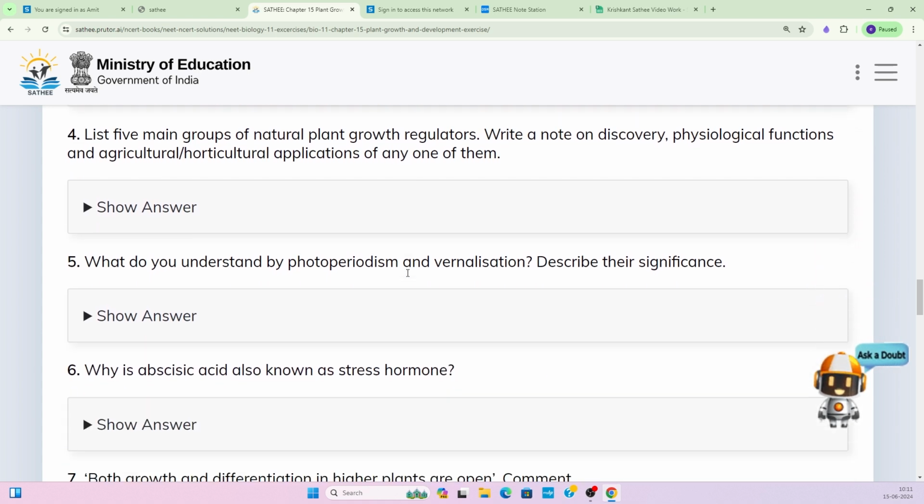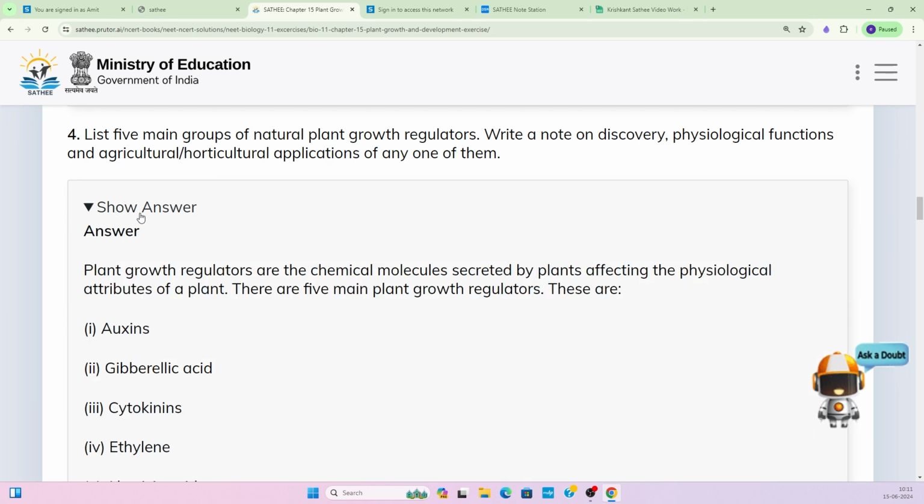List 5 main groups of the natural plant growth regulators. You have to name the 5 groups of the natural plant growth regulators. Write a note on discovery, physiological functions, and the agricultural and horticultural applications of any one of them.